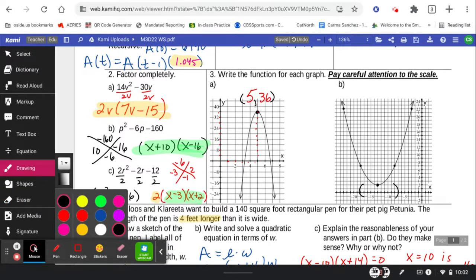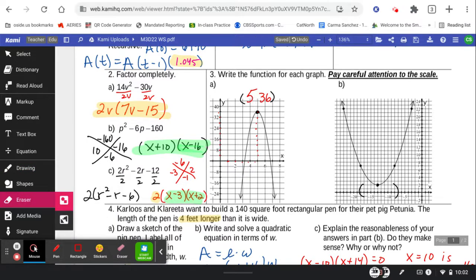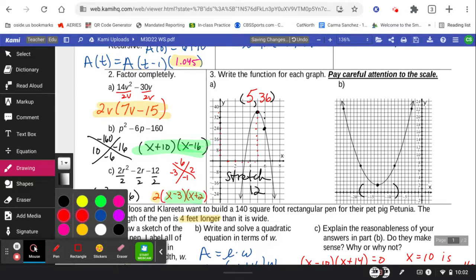Okay, now let's talk about the stretch. Remember that normal parent stretch would be out 1, down 1? Well, it's not. Out 1, down 1, 2, 3. Well, it's not counting by ones, so it's not down 3. It's down 4, 8, 12. So the stretch is actually 12. So plugging this whole thing into the equation, writing the function, we get f of x equals.